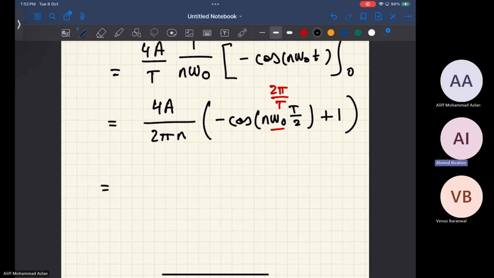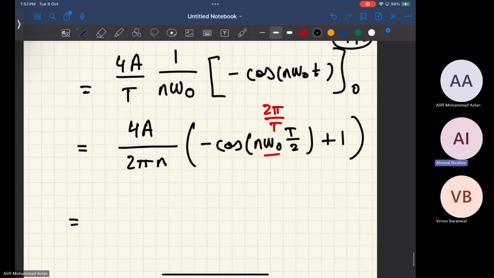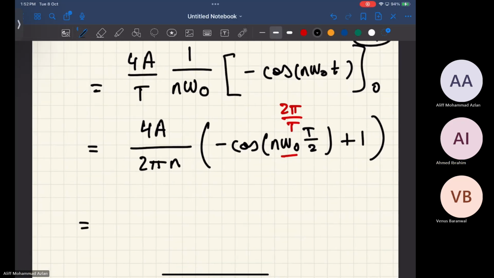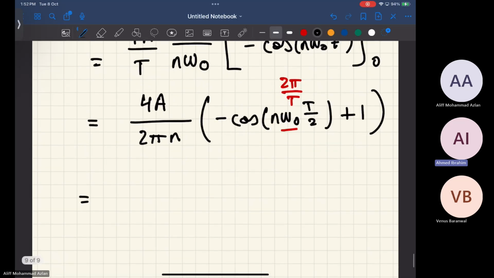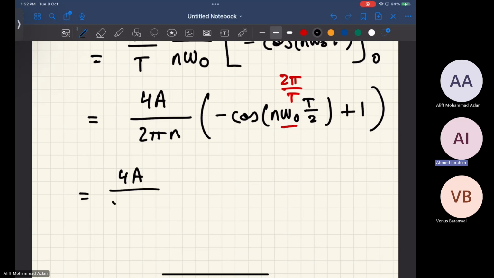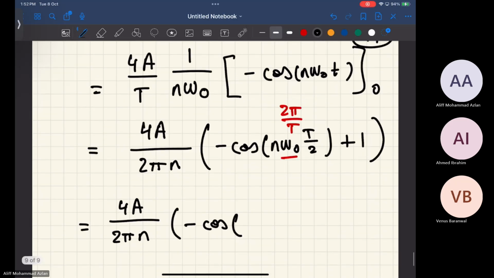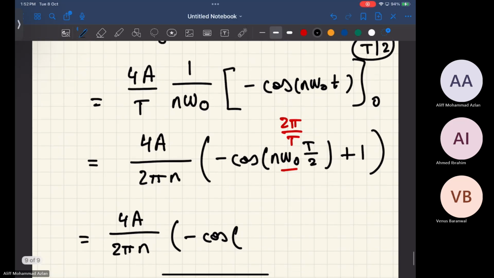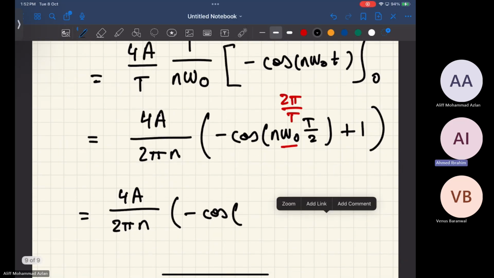Okay, and then if we evaluate that, we're going to have 2 pi divided by 2. That gives us a pi. And then the t's are going to cancel out. So that gives us 4a over 2 pi n cos n pi plus 1.